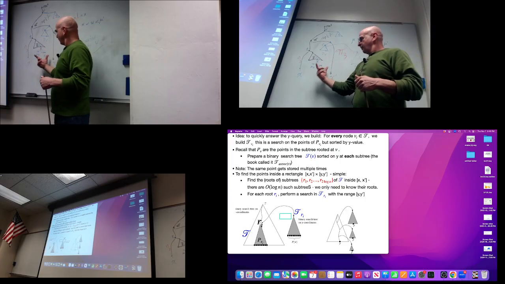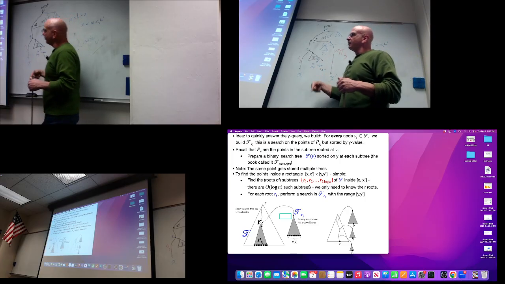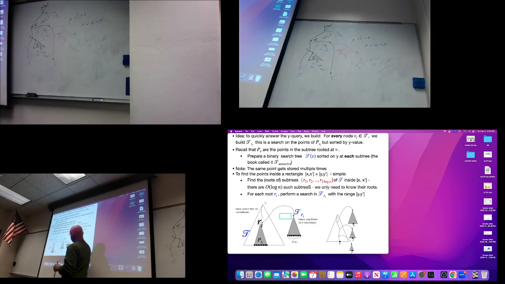Now you gave me the query value. I'm going to T, main T, find log n such subtrees. That is, I have the left branch and the right branch. Each one contributes log to the base 2 of n many subtrees that I need to check, at most log n.